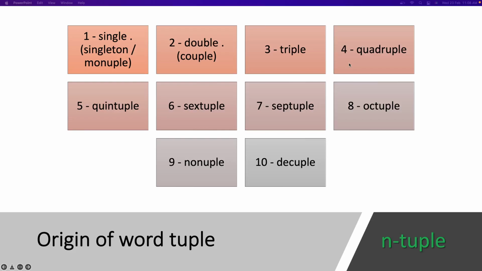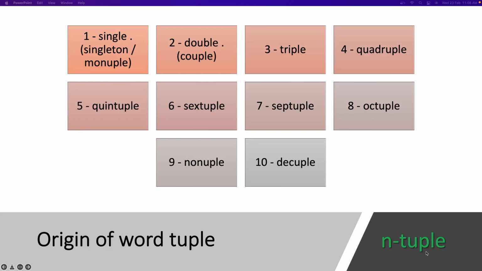Four items, a quadruple, then quintuple, sextuple for 6, septuple for 7, octuple. So tuple is a suffix used to refer to this, and if you have n items, we call it an n-tuple.